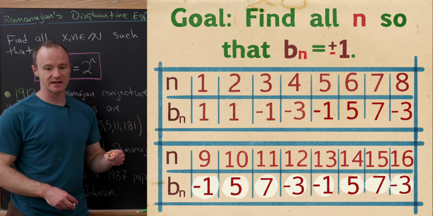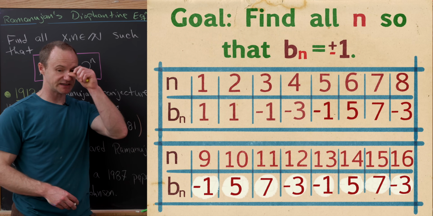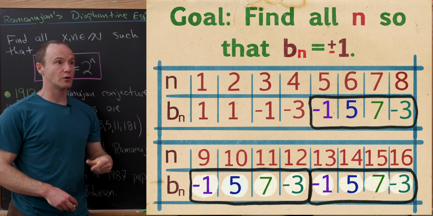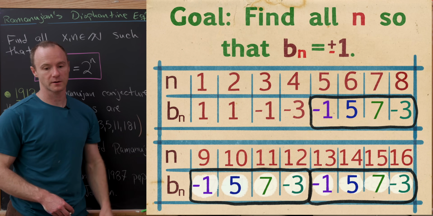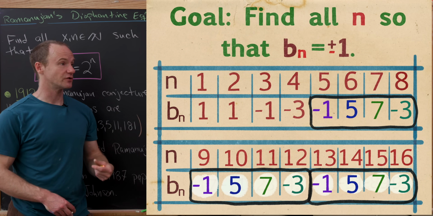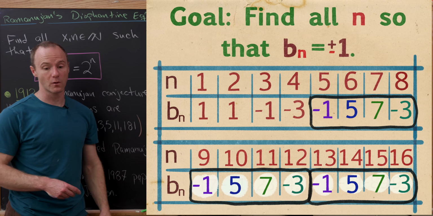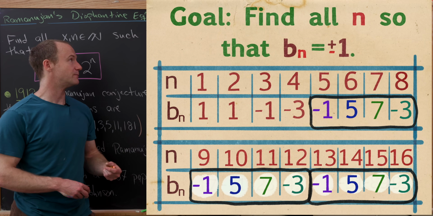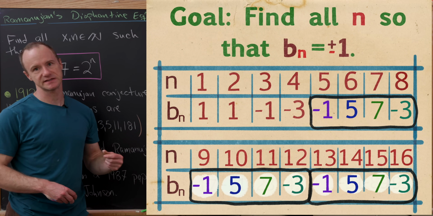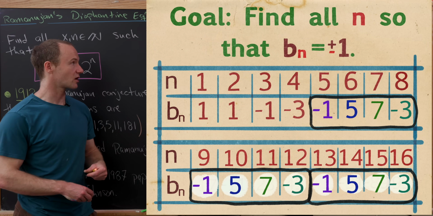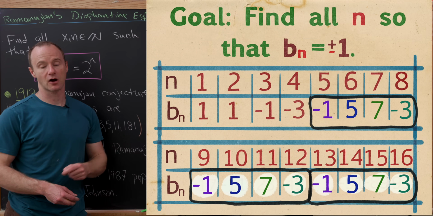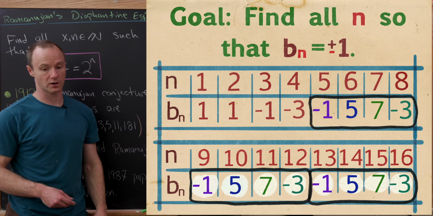That's because after the case when n is equal to 1 or 2, we have a periodic sequence with period 4. And because we have a period of 4, the only way that bn could be -1 is if it's -1 mod 16, and that only occurs at numbers that are 1 mod 4.